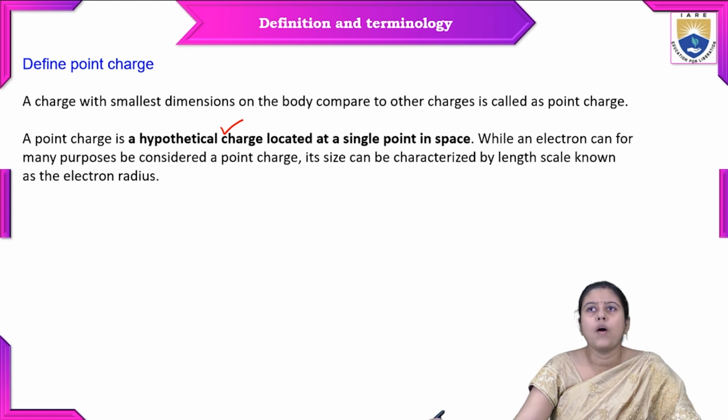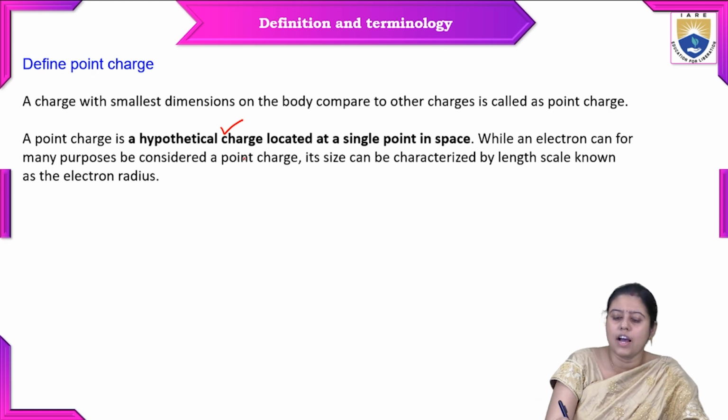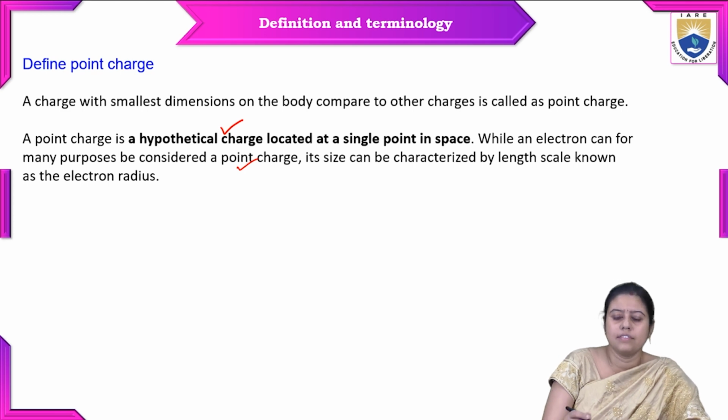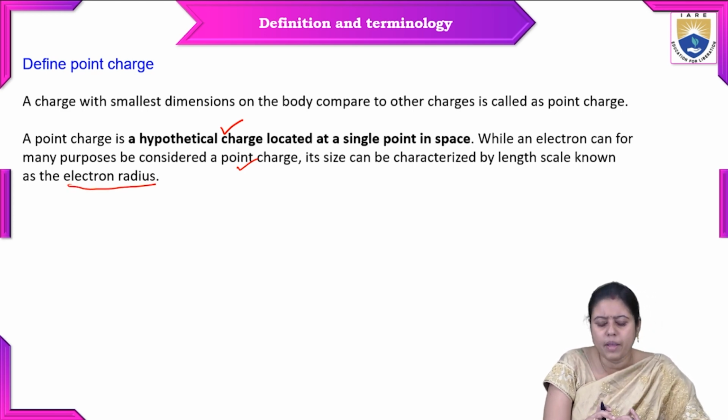While an electron can for many purposes be considered a point charge, sometimes we think that one electron is a point charge because its size can be characterized by the length scale known as the electron radius. It is a very small one.